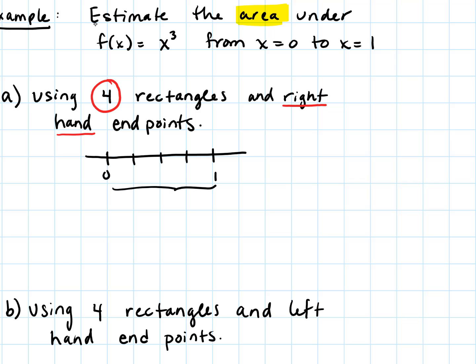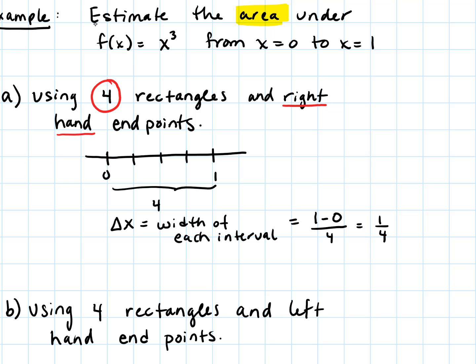If I'm dividing it into 4 intervals, that makes the width of each of those, which we call delta x. Delta x is the width of each interval. So in our case, the width is 1 minus 0 divided by 4, so the width of each interval is 1/4.